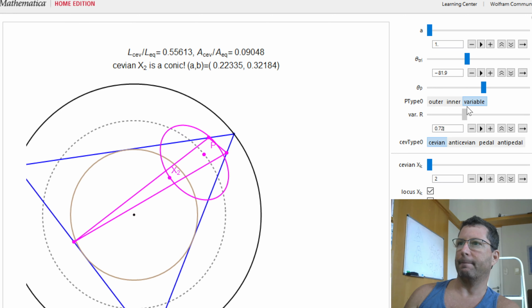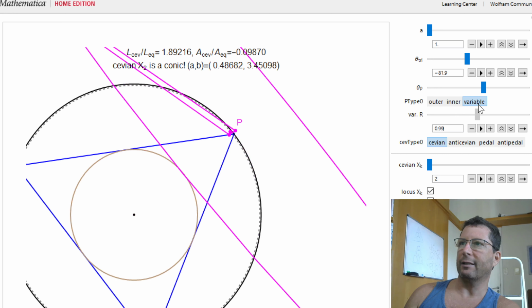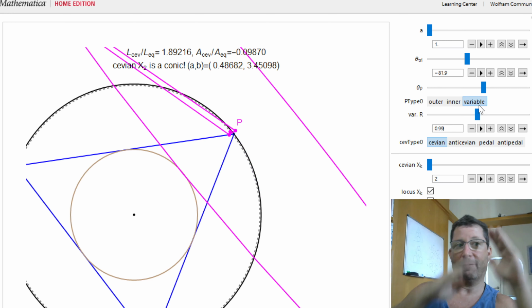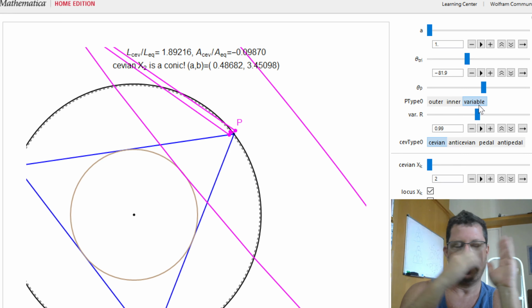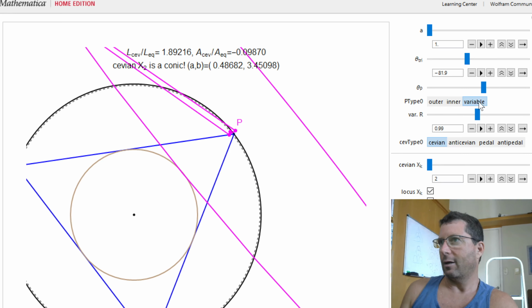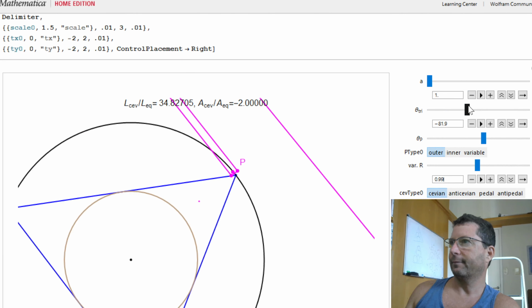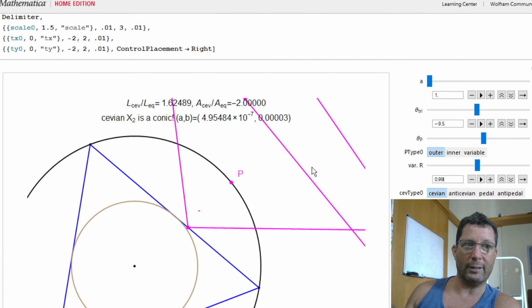When P leaves the circumcircle, this ellipse at the transition becomes a very degenerate ellipse, meaning it's so long that its two sides look like parallel lines. On the circumcircle itself, it is two parallel lines, so much so that I can only see the outer one.